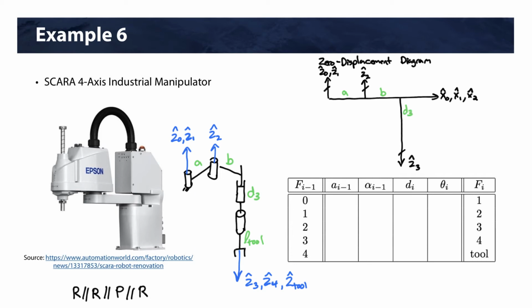We'll have a length D3 that brings us to X3. Okay. Z4 is collinear with Z3. So X4 is there. Then lastly, we'll have our tool. So we'll have Z tool here and X tool here.